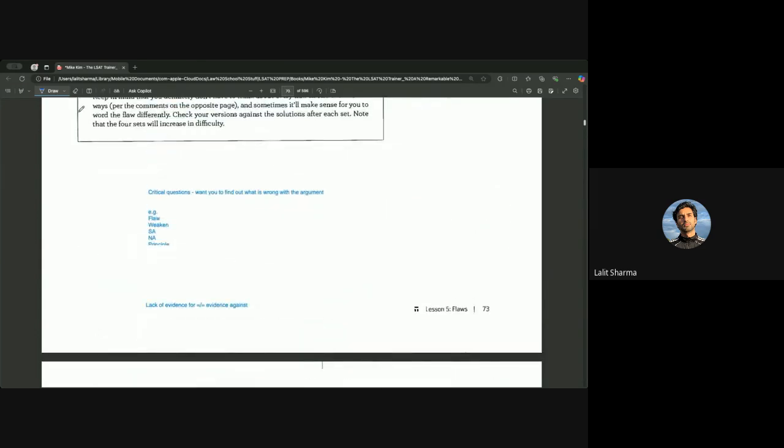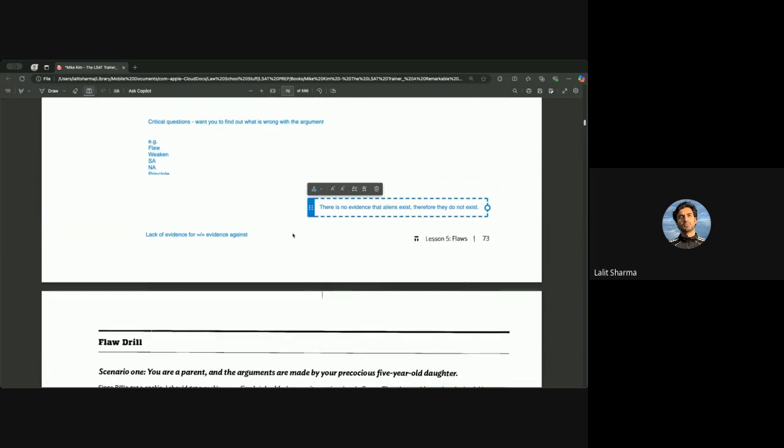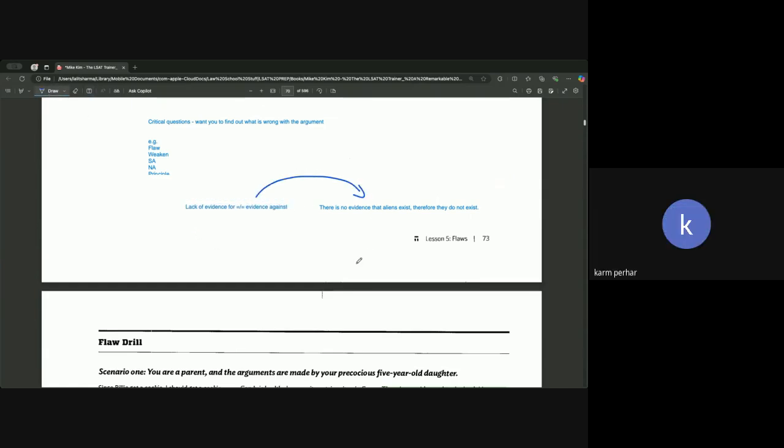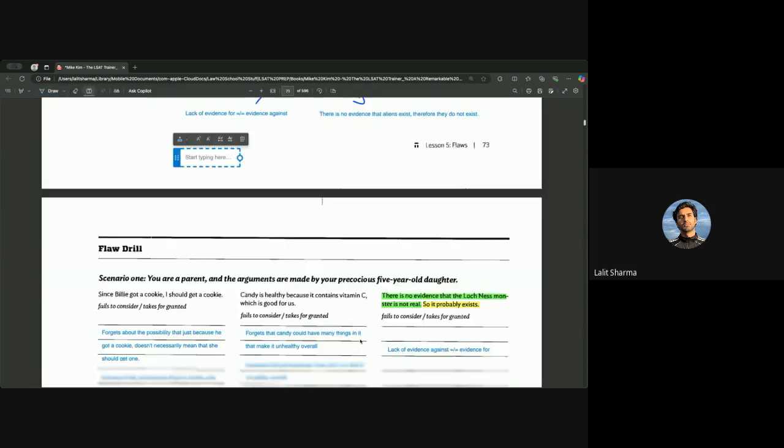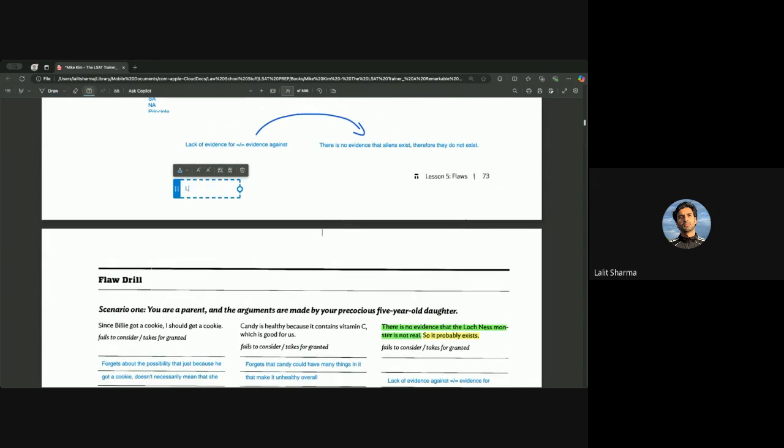If I give you an example like, there is no evidence that aliens exist, therefore they do not exist, this one fits into this one, right? Would you say so? Yeah. That's different from the other one, which is lack of evidence against does not equal evidence for.